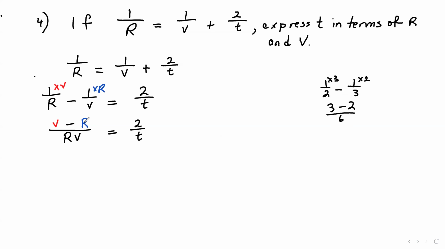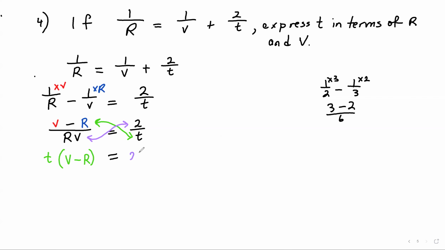And now you end up with two fractions on either side of the equation. To get rid of fractions, what you do is you cross multiply, right? So you multiply this numerator by this denominator. So you'll end up with T multiplied by V minus R is equal to the denominator RV times 2.